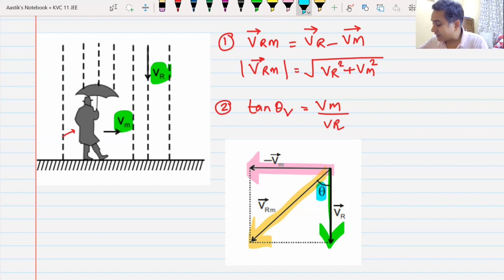So that angle theta can be calculated from Vm by Vr if it is a simple case of rain falling vertically downwards. If it is not falling vertically downwards, then what will we do? Let us first solve one problem and then we can see what happens next.